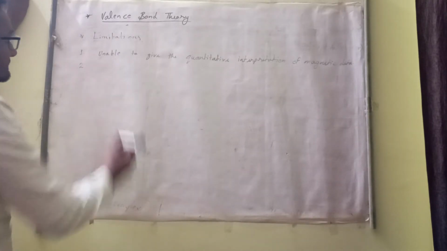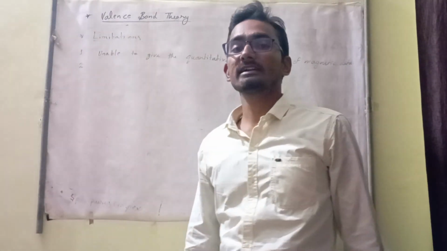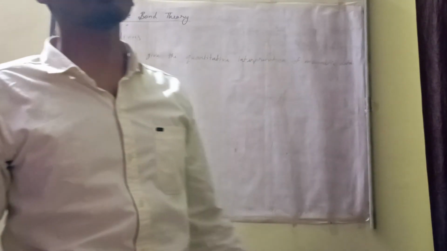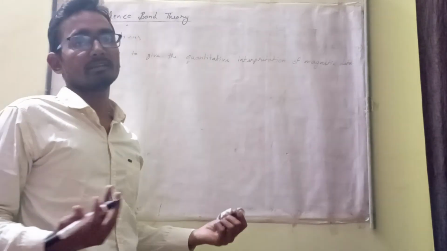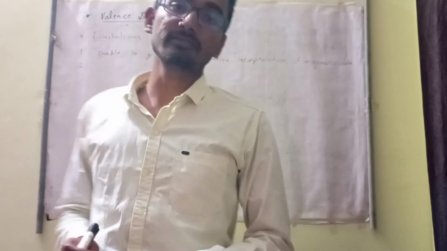Second is unable to give the reason for the color in coordination complexes. Why are coordination complexes colored? Valence bond theory does not explain. This is explained by the crystal field theory.